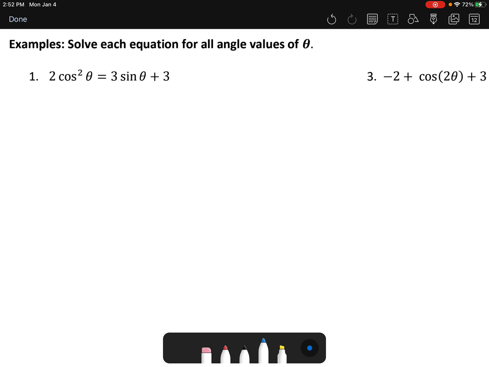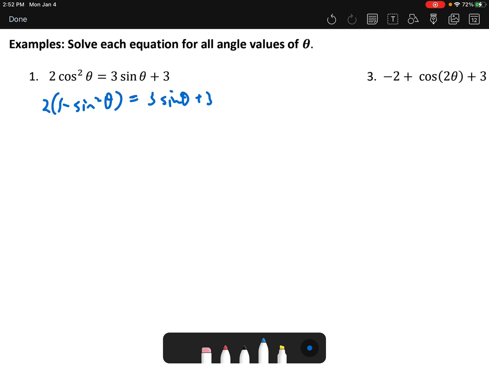Well, the first thing on number 1, I recognize a cosine squared and a sine. Well, we're not going to be able to do anything with that, so we probably need to change our cosine squared to something else. So look, what is cosine squared? Well, if you recall, it's 1 minus sine squared theta equals 3 sine theta plus 3.